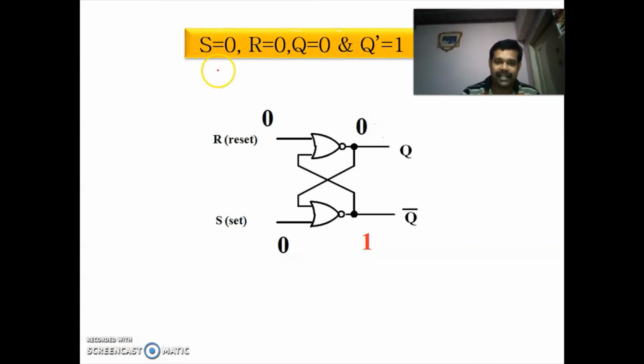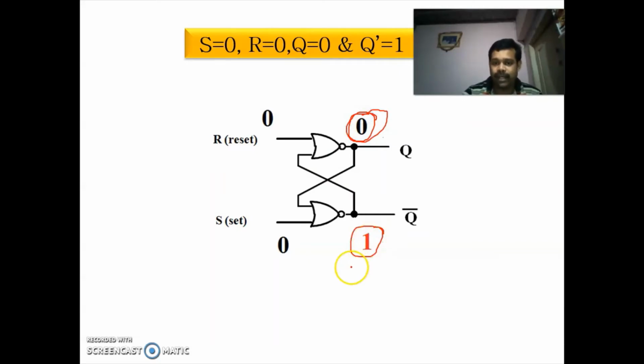Next one, S is equal to 0, R is equal to 0 and Q is equal to 0. Now both S and R are 0 and you are taking Q as 0 here. If Q is 0, this Q bar is 1 at that time.